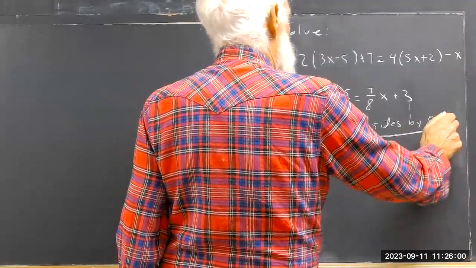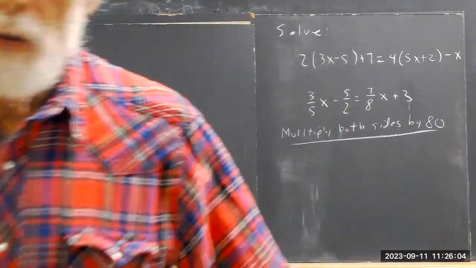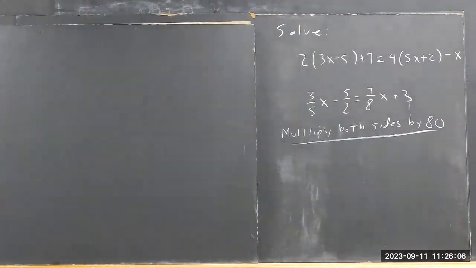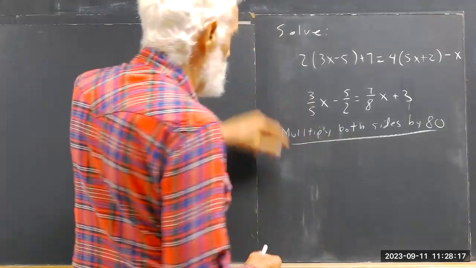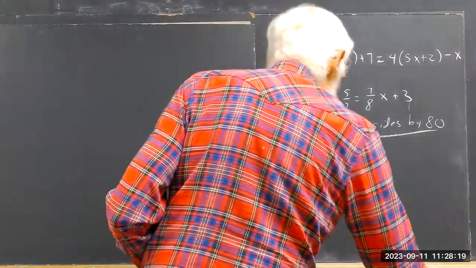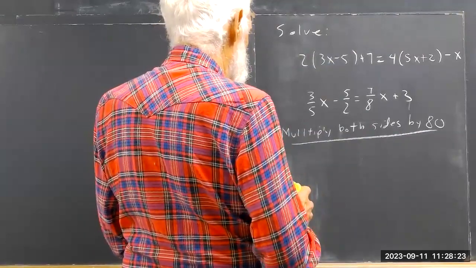Okay, 80 is not the best number, but multiply both sides of this equation by 80. Go ahead and work out the details. Okay. First, multiply has only one element. I was writing an L and a T and I got carried away.